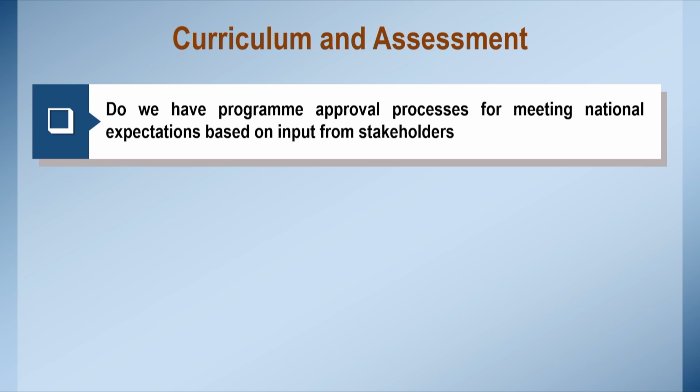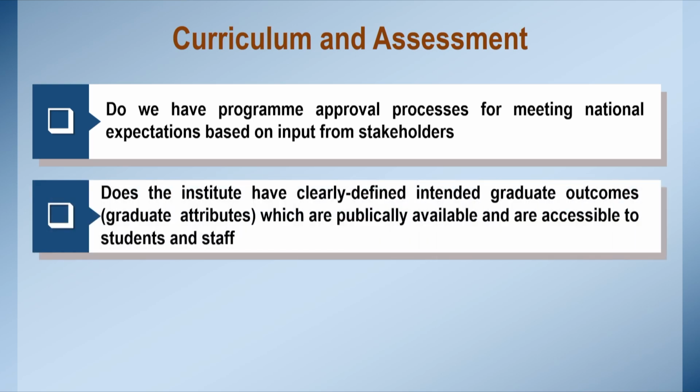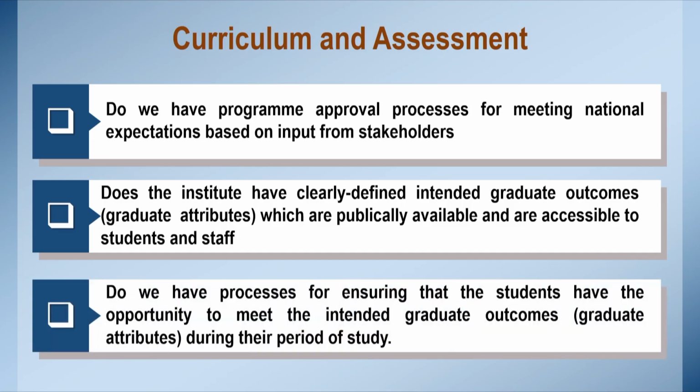The other issues under this broad category are: does the institute have clearly defined intended graduate outcomes or graduate attributes which are publicly available and accessible to students and staff? Do we have processes for ensuring that the students have opportunity to meet the intended graduate outcomes? Graduate attributes are to be met.